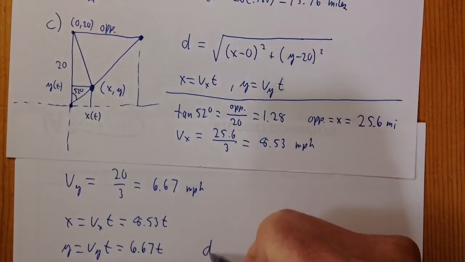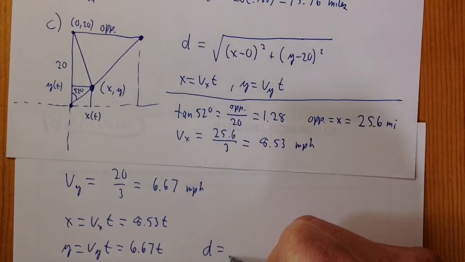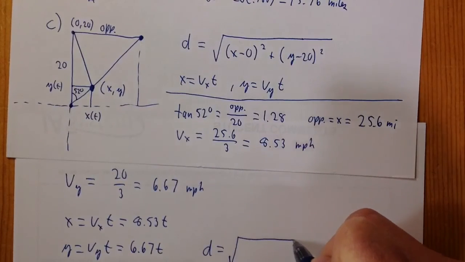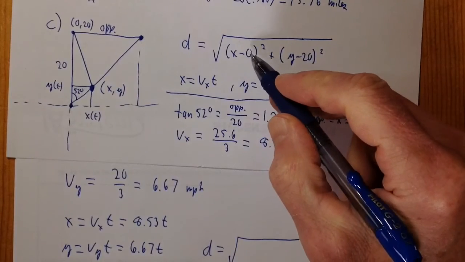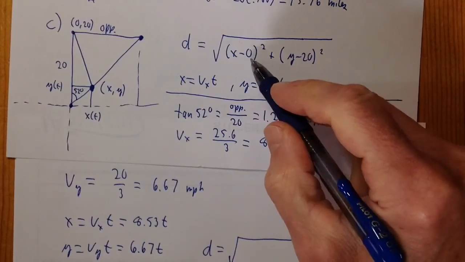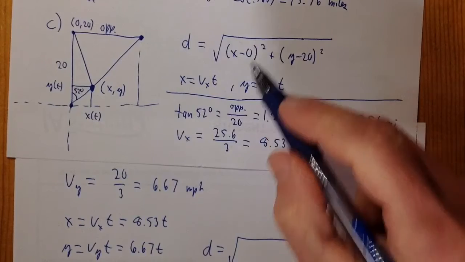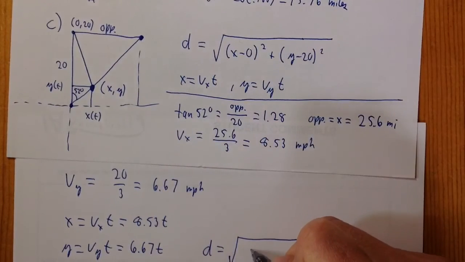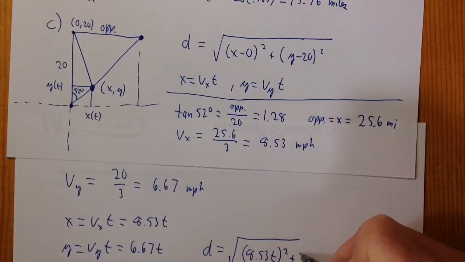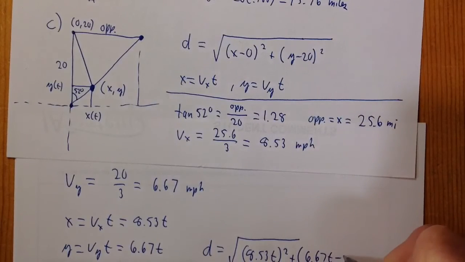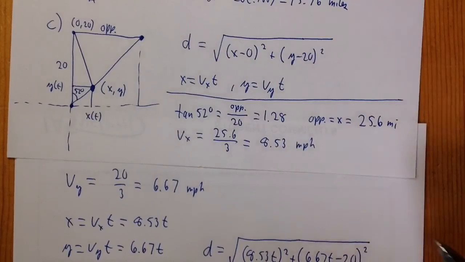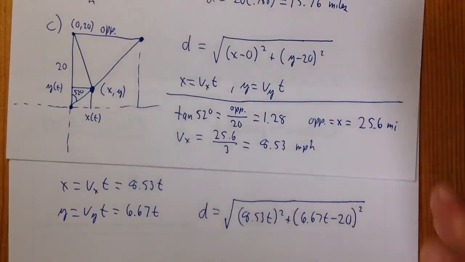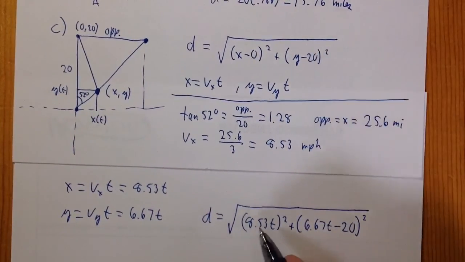So the distance between them is the square root of the difference in the x values. The x value here is 0 for our point, so it's just x squared. So it's 8.53 t squared plus the difference in the y values, which is 6.67 t minus 20 squared. And there. So that is the distance at any time we want.